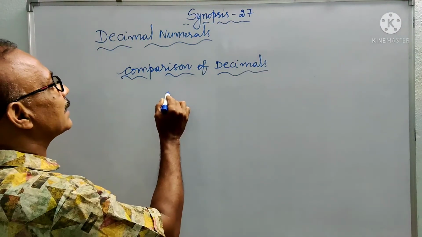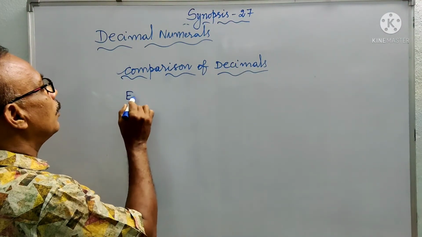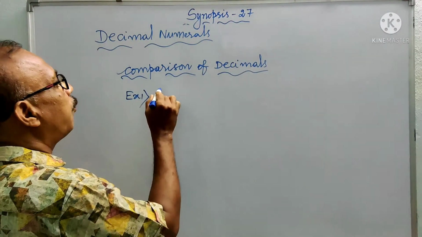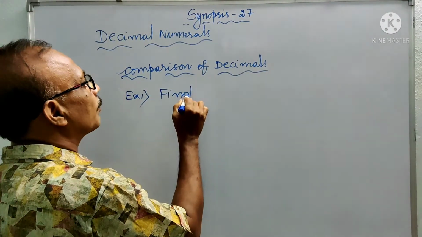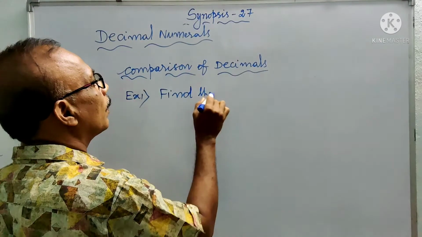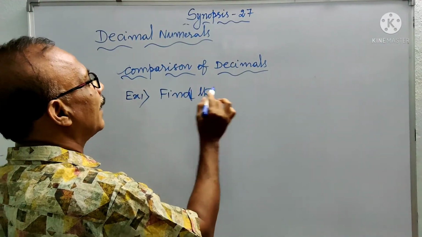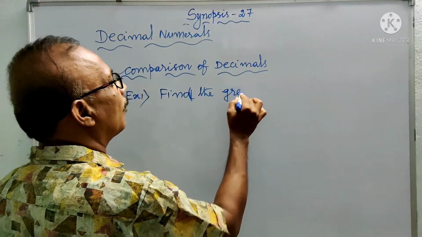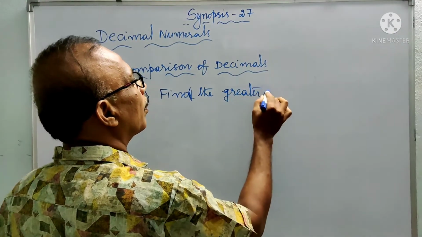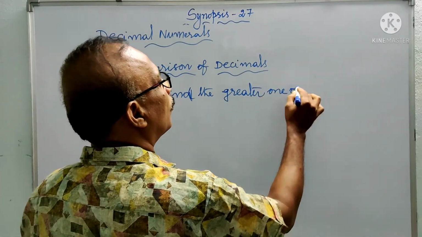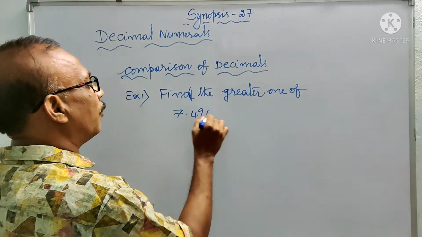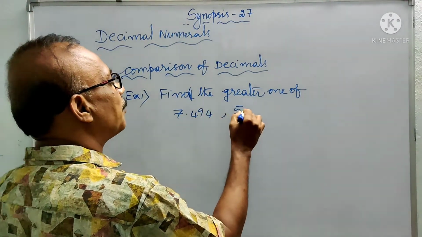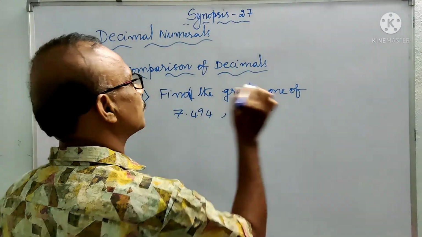Now I'll take an example here. Example 1. Find the greater one of 7.494 and 5.678.